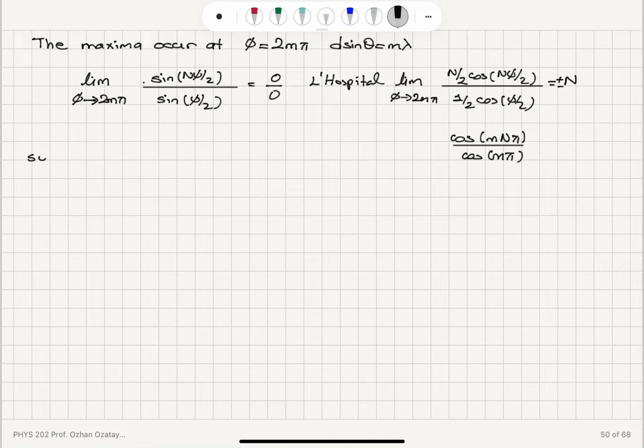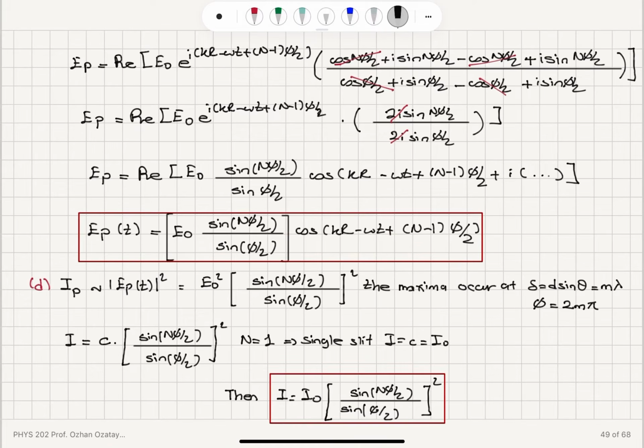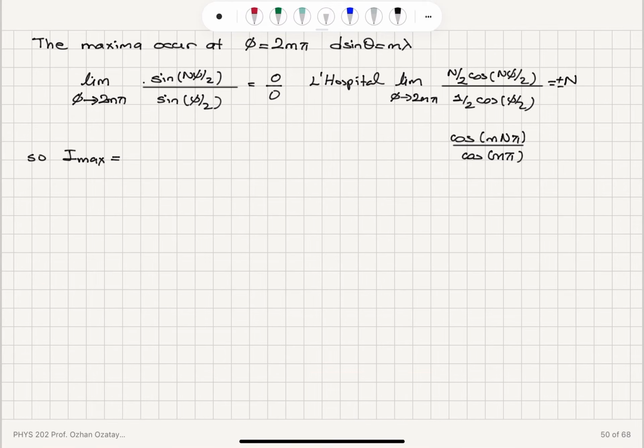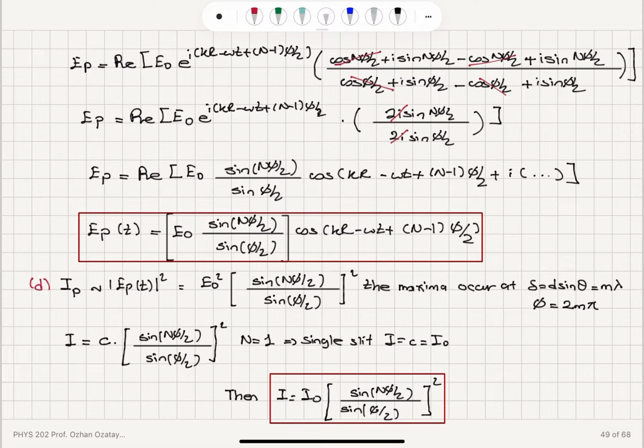But as for the intensity, the maximum intensity, because it's (sin(Nφ/2) / sin(φ/2)) squared, plus or minus doesn't matter here, this will become capital N squared. Capital N squared times I0. So indeed we find that the maximum intensity is N squared I0. The intensity is I0 times (sin(Nφ/2) / sin(φ/2)) squared, where I0 is the single slit maximum intensity.